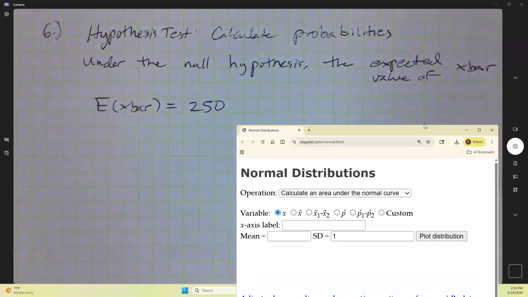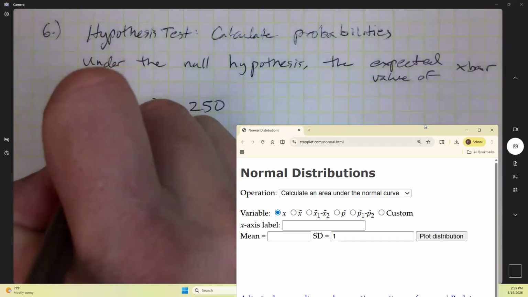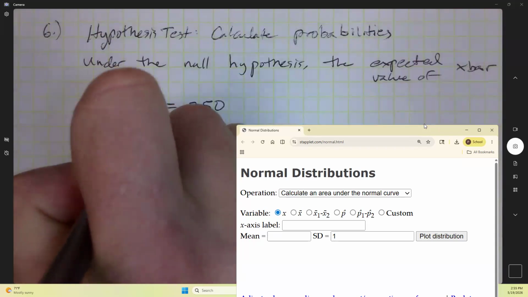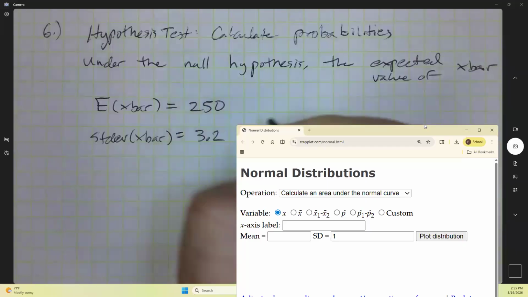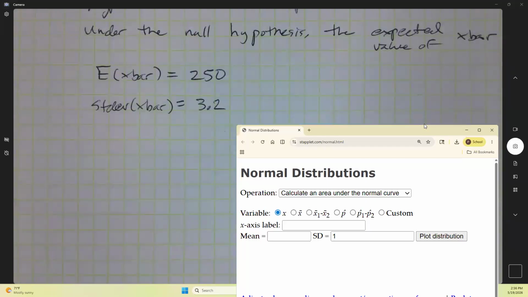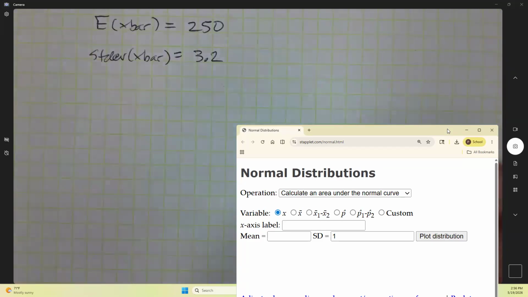In the boring world, we should be looking around and seeing pigs, not Technicolor flowers. And the standard deviation of X bar, we don't know, but it should be close to 3.2 because that's our best guess based on our data. And so that's how we build our normal distribution.